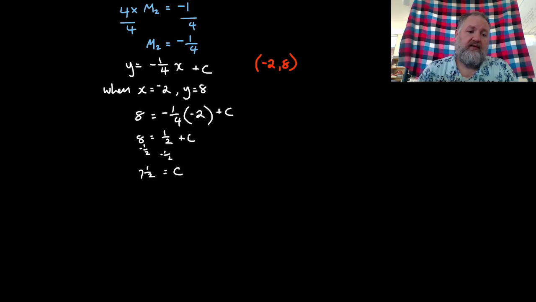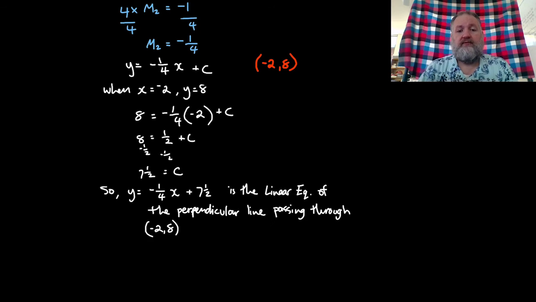So I can say that y is equal to -1/4 x plus 7.5, and that is the linear equation of the perpendicular line that passes through the point -2, 8. So we can use this idea of perpendicular lines to calculate other linear equations passing through any point.